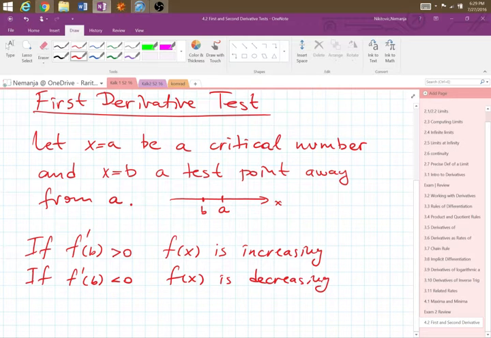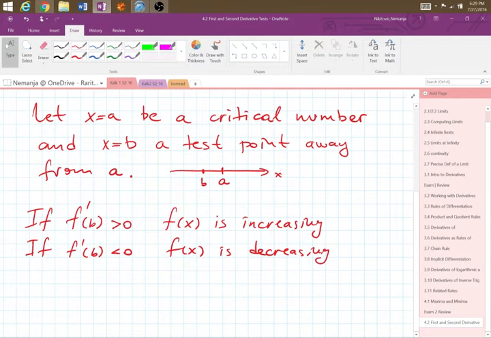And obviously, if f prime of b is equal to 0, then you have a critical point, which is f of a. This is much shorter and more condensed than what your textbook is offering. This is all you need to compute. And once you know when the function is increasing and decreasing, you can quickly come up with the idea of what is the minimum or a maximum.